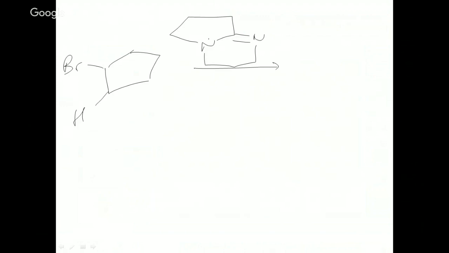So if we say a non-nucleophilic base, what do we mean? We mean that the non-nucleophilic base, it's strong, it's going to cause deprotonation. E2, concerted. What do we get?